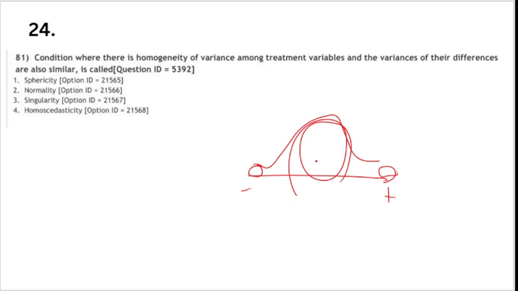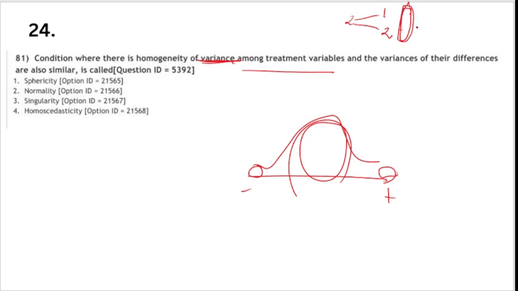Here the question asks for homogeneity of variance, homogeneity of dispersion among treatment variables. For example, there were 2 treatment variables: one was diet and the other was exercise. If the variances among these conditions were similar to each other, then it is known as homoscedasticity.